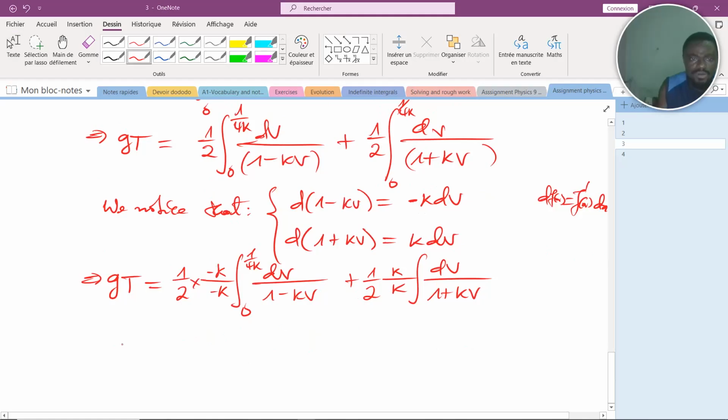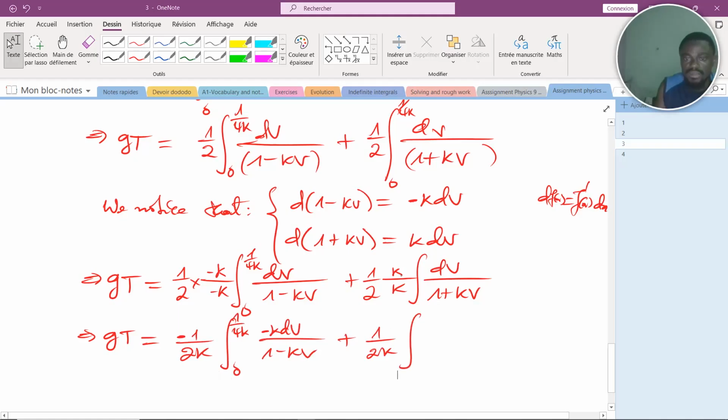So it implies GT will be equal to, I'll make this minus k enter here. So this becomes minus 1 on 2k integral from 0 to 1 on 4k of minus k dv all over 1 minus kv, plus 1 all over 2k integral of k dv all over 1 plus kv.